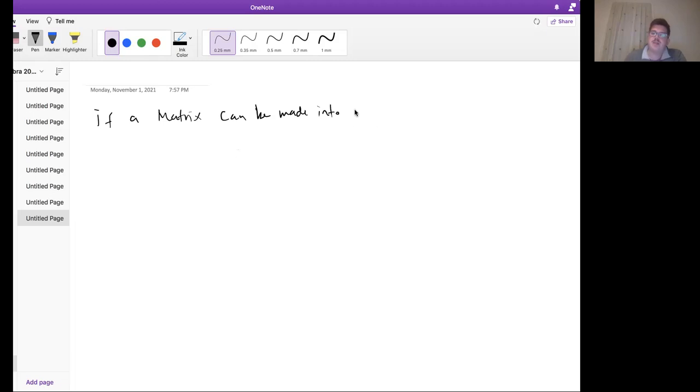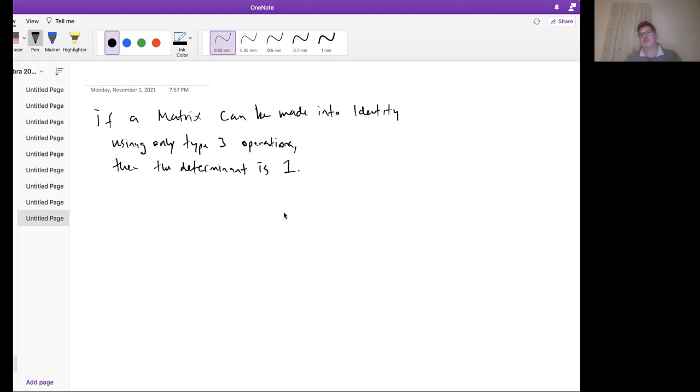If a matrix can be made into identity using only type 3 operations, then the determinant is 1. Yes, that's a consequence of using type 3 operations.